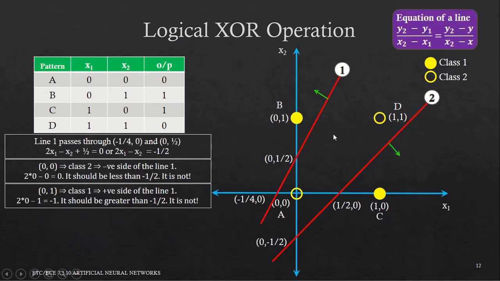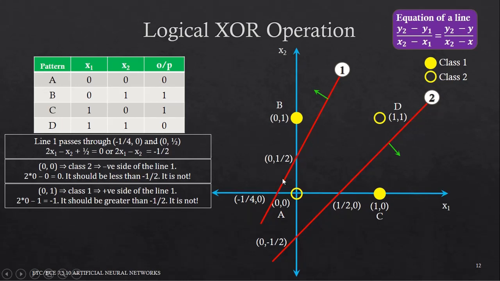The arrows show that the positive side of the lines has class 1 patterns and the negative side has class 2. Also, this partitioning is non-redundant, meaning it is implemented with the minimum number of lines. The first line passes through the points -1/4, 0 and 0, 1/2.